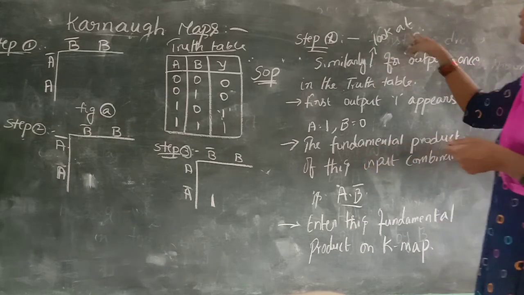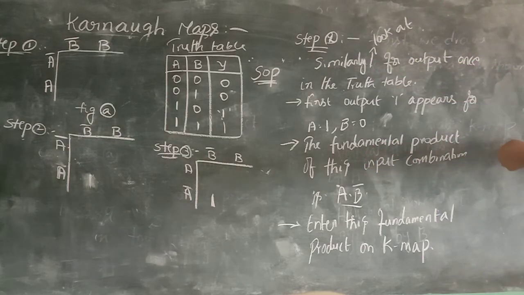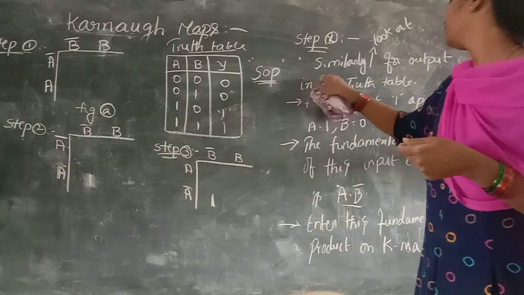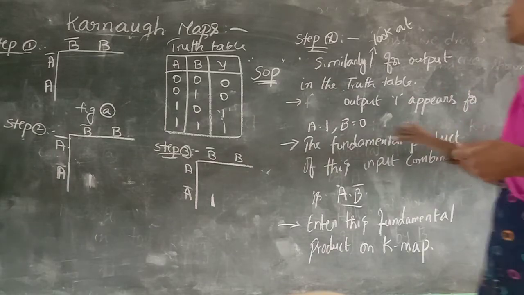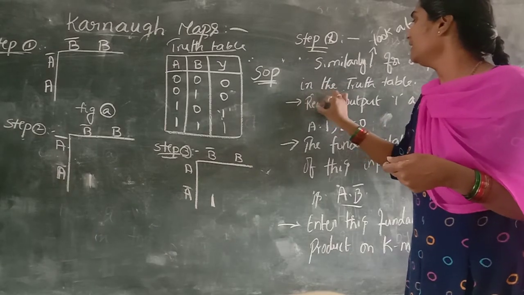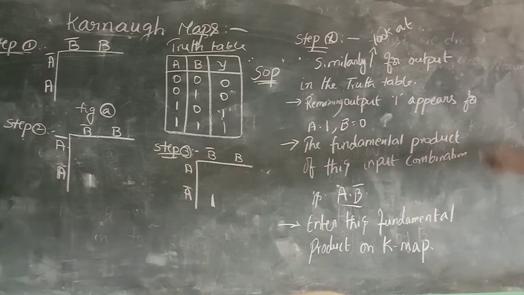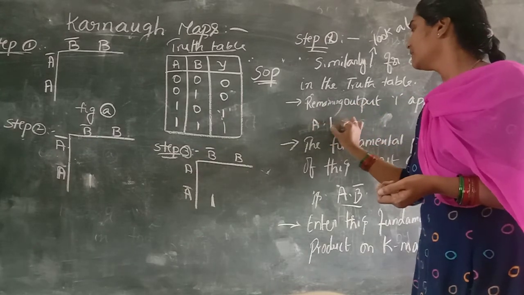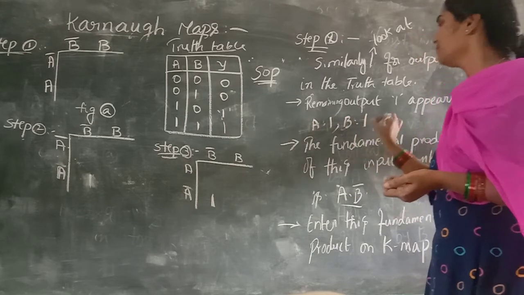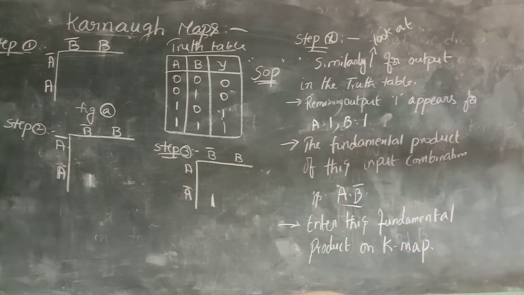Similarly, look for the output in the truth table. The remaining output 1 appears where A is equal to 1, B is equal to 1.